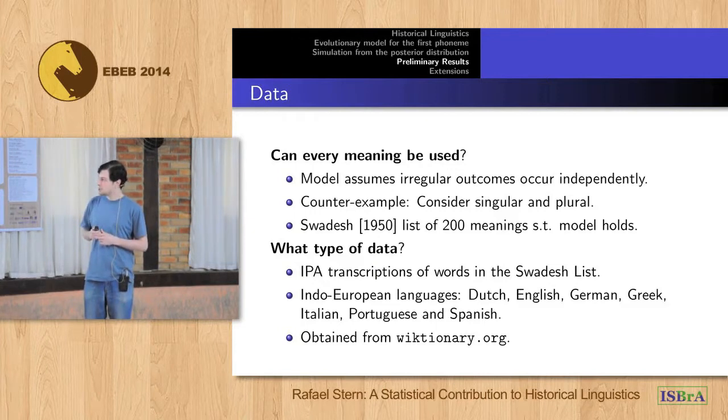So we just transcribed the Swadesh list for different languages into IPA. And for our initial results, we use Indo-European languages because the relations in this family are well known, and so we can test our model better. And we are using Dutch, English, German, Greek, Italian, Portuguese, and Spanish for this first round of tests. And we can obtain the data from Wiktionary.org.